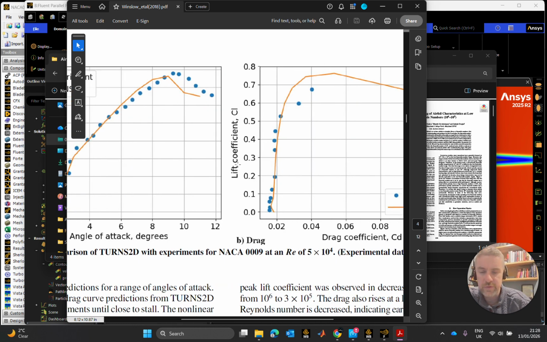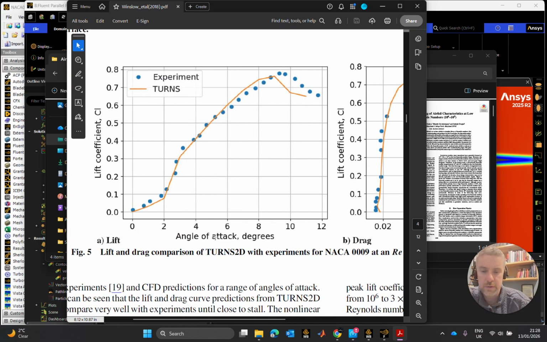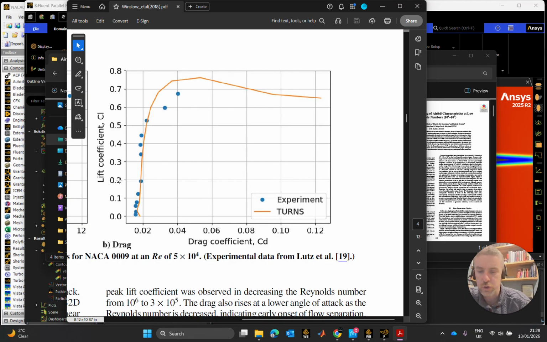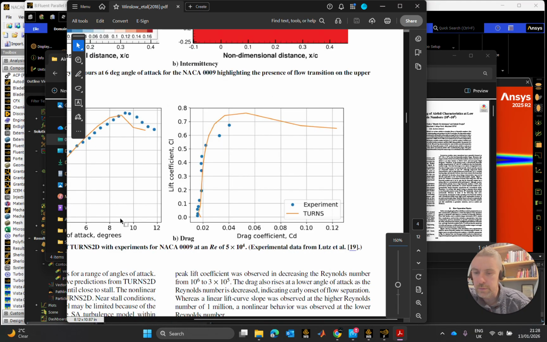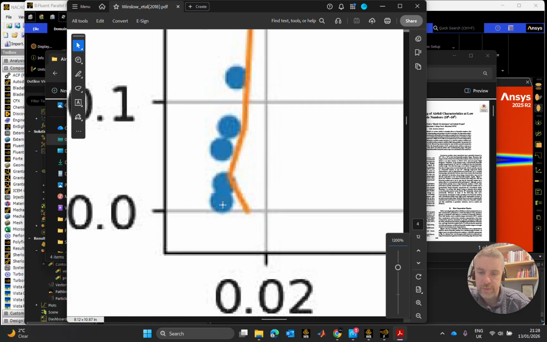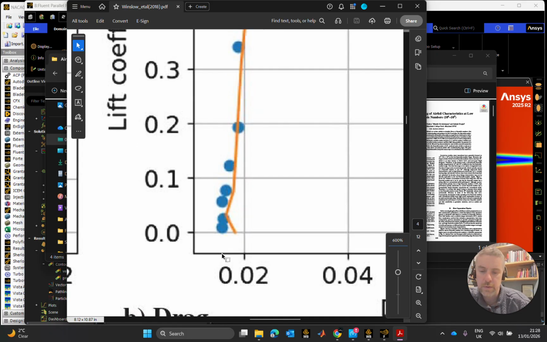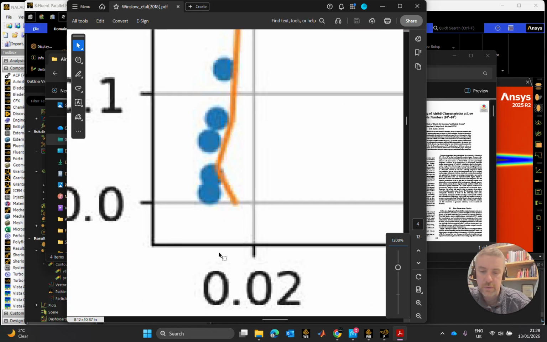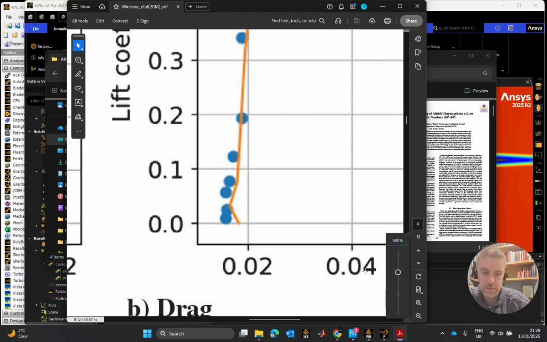So over here, I have a lift coefficient again. That's lift coefficient against angle of attack. It's lift coefficient against drag. But let's see what we have here. If I know my lift coefficient is roughly 0, and for that, if experiments is right, I should be getting down to here, I should be getting a drag coefficient of, that's 0.4, that's 0.2, so that space is 0.02, half that space is 0.01, so that's 0.01, 0.02.